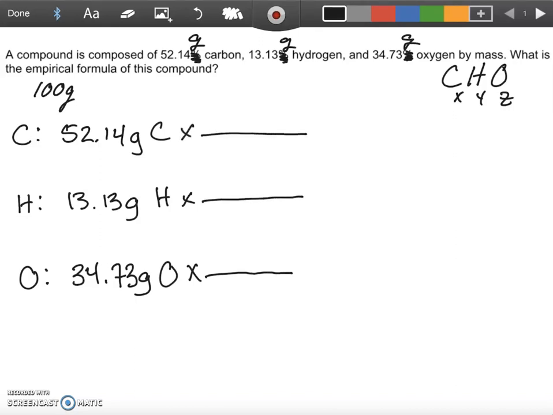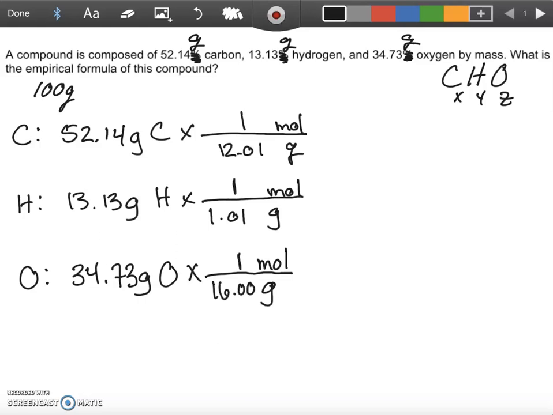Alright, so for carbon, grams on bottom, moles on top, so the grams can cross cancel. 12.01 to every 1 mole. For hydrogen, grams down here, moles up here, 1.01 to every 1 mole. For oxygen, grams down there, moles up there, 16.00 to every 1 mole.